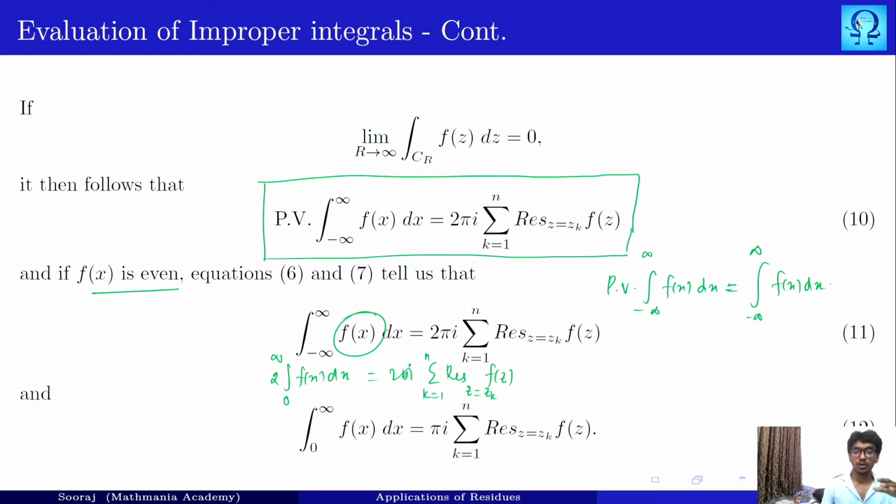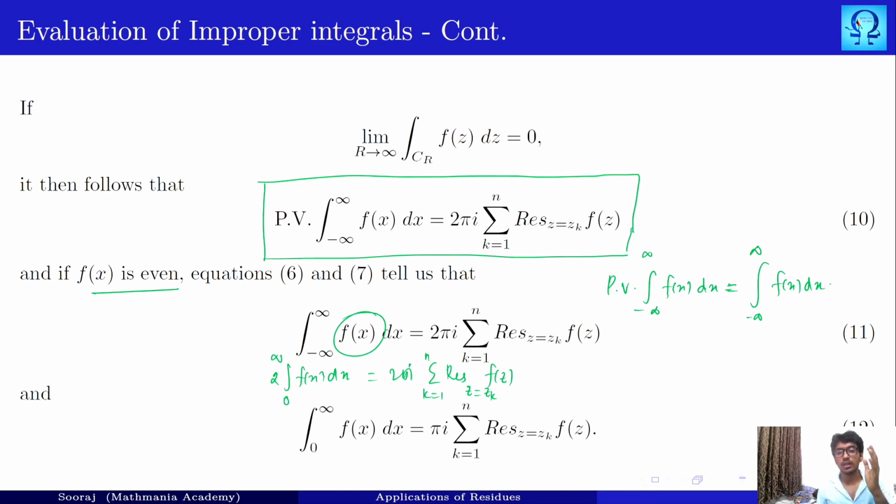So if you have an even function and you need to integrate that function f of x from 0 to infinity with the help of residues, this is a real valued function, you will have to convert it into a complex valued function and find the residues of that complex valued function.